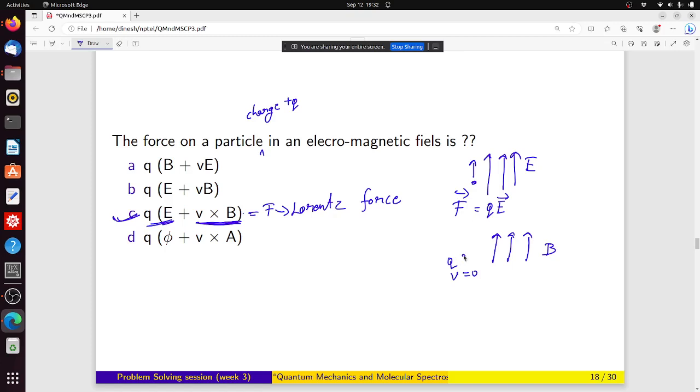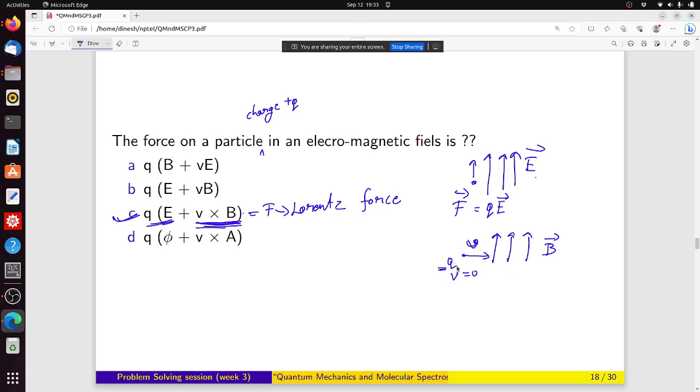So can you tell me, if this charged particle is moving in this direction V and the magnetic field is in this direction, in which direction will the resultant movement of this charged particle be? Forget about this electric field. From this formula, so in the same direction?